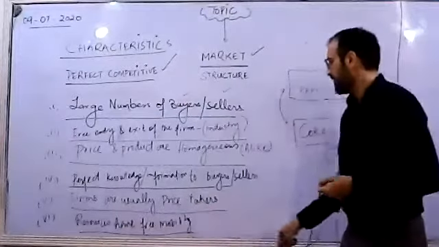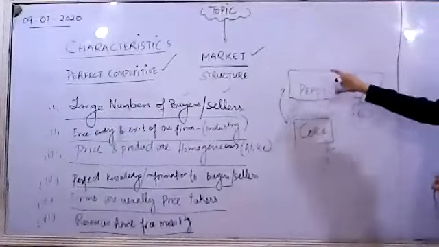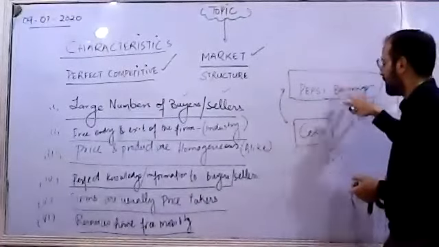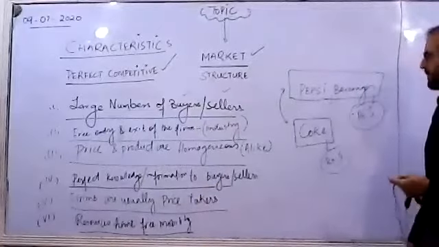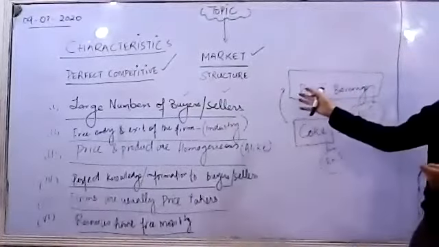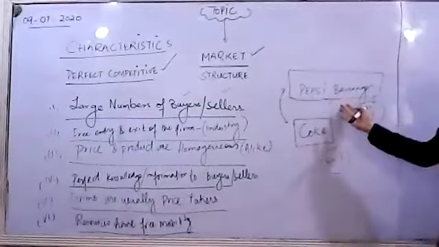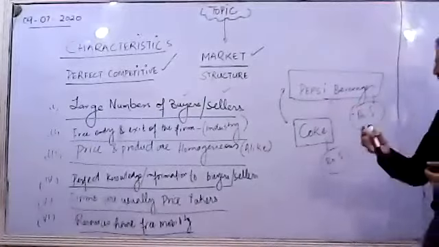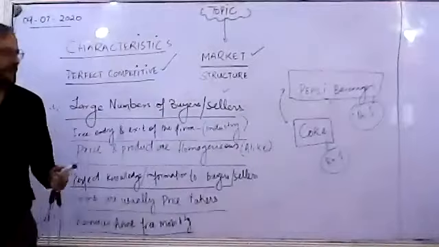Resources have free mobility. Now, let's say Pepsi beverages decides to shift from the beverage industry to something else. It's sometimes difficult for them because they have resources which are endowed or allocated to make beverages. If they want to change, those resources cannot do some other type of job.